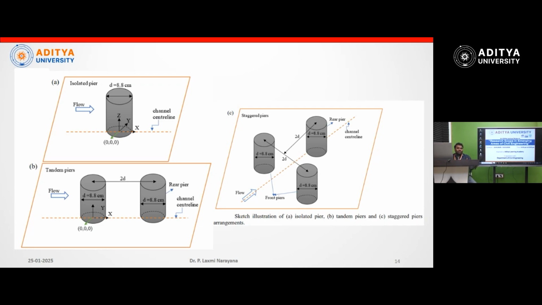The downstream pier is exactly located on the center line at a distance of two times the diameter. These three arrangements I did in my research. Till now people have studied only tandem, but staggered is very scarce in the literature, so I focused on staggered very much.